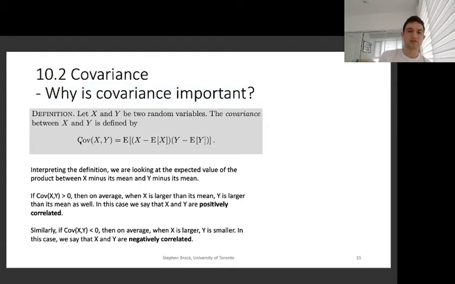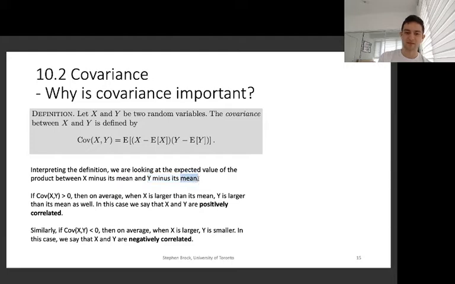All right, so here's the definition, and I'm going to stick with this definition to make a brief explanation here. So when we're looking at the definition, let's consider the terms in this expectation. It looks kind of complex, but let me try to break it down for you. So we are looking at the expected value of the product between x minus its mean and y minus its mean, right?